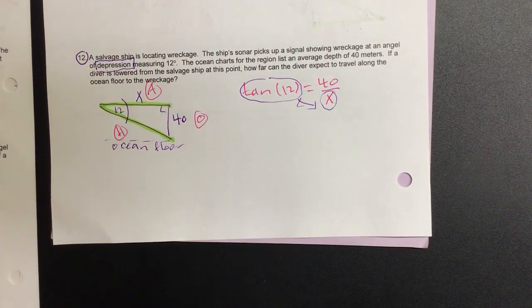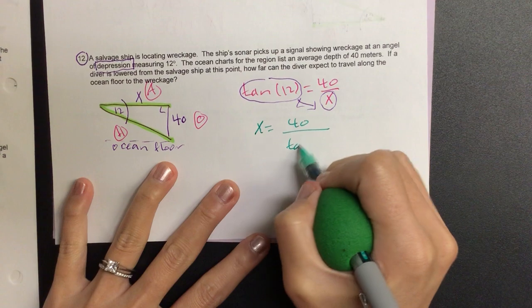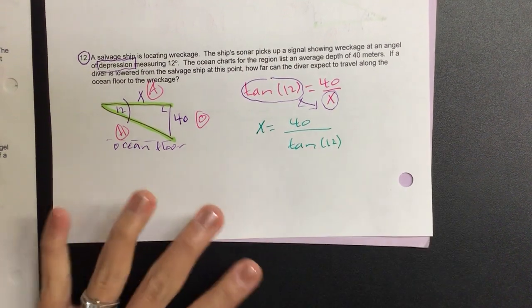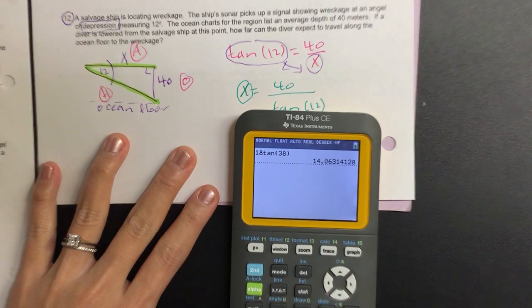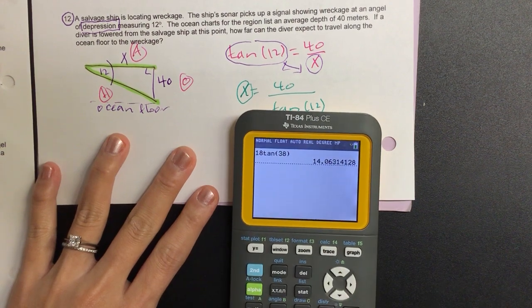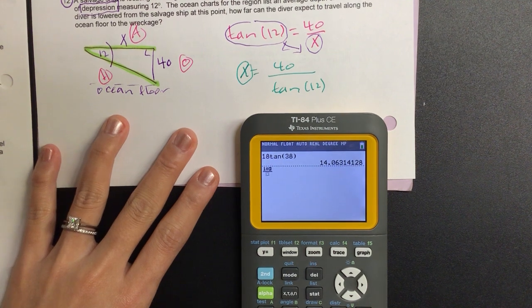Okay, this pen is gone. So x is equal to 40 over the tangent of 12, and what's nice is now x is by itself. Let's type it in: 40, and then tangent of, oh, not sine, tangent of 12.